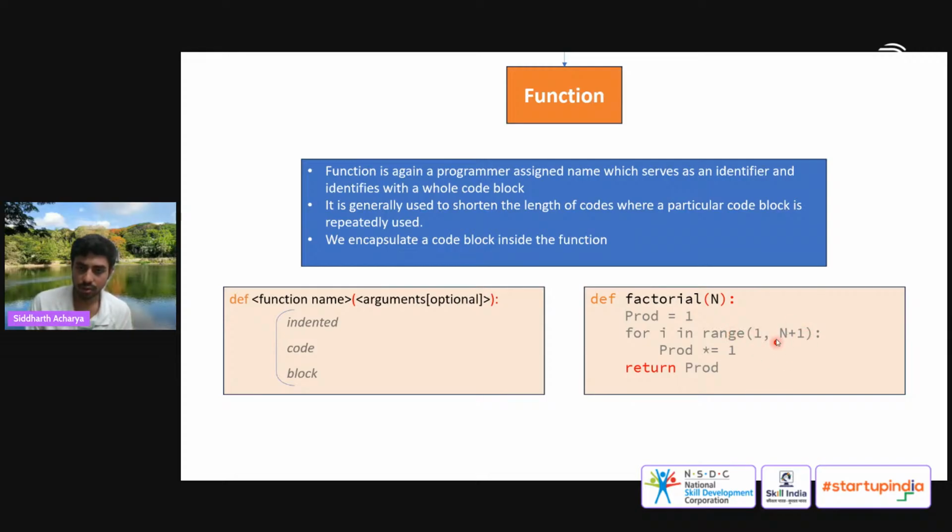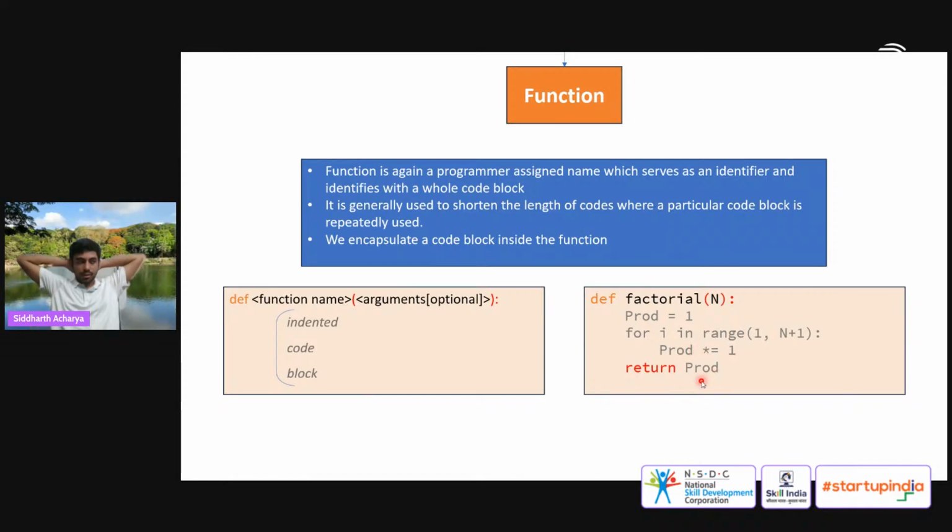Why? Because range ignores the last value. It will iterate only from 1 to n. This variable i is taking values from 1 to n. n plus 1 is ignored by range. And for each value of i, we multiply it with the prod variable. And finally, we return prod.